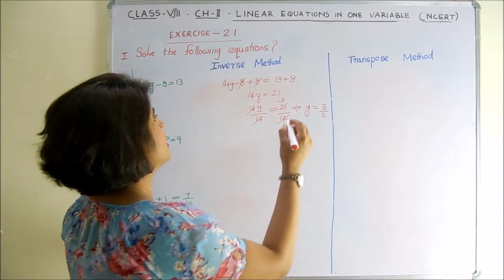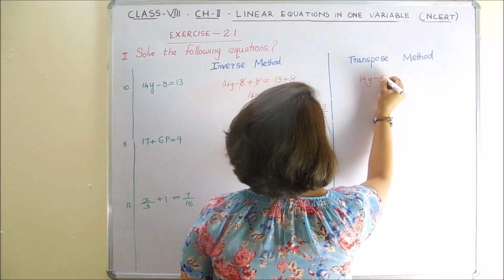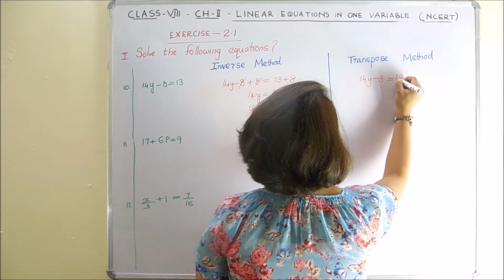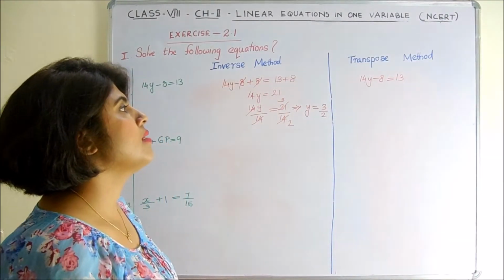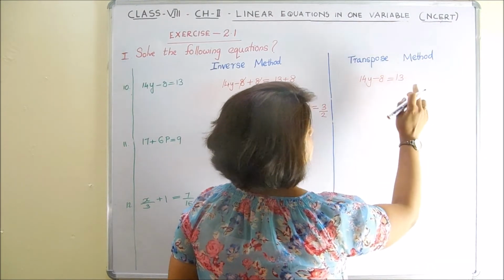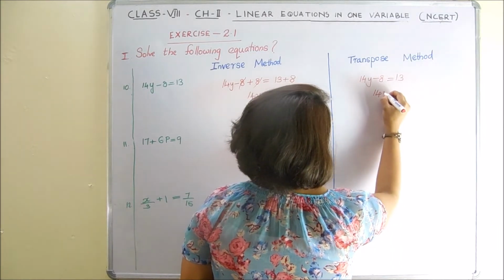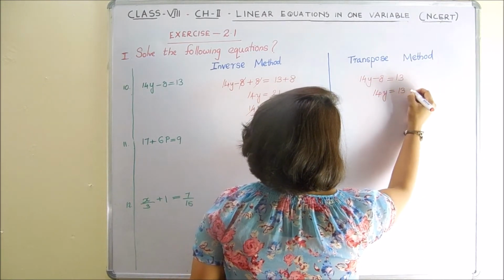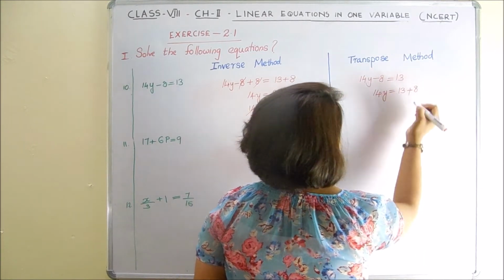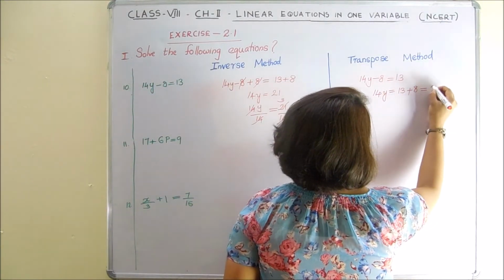Now we have to solve this same equation using transpose method. We have to eliminate this minus 8 by transposing it into RHS by adding 8. So the equation becomes 14y equal to 13 plus 8, right, which is equal to 21.